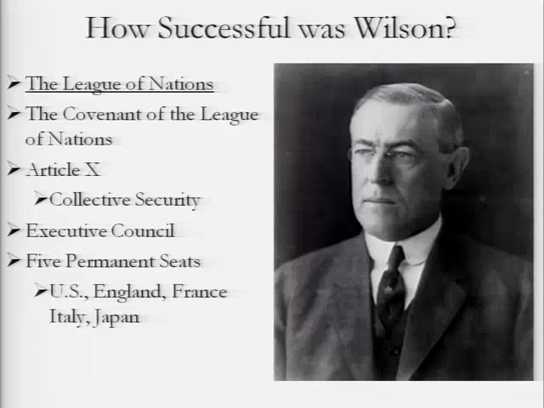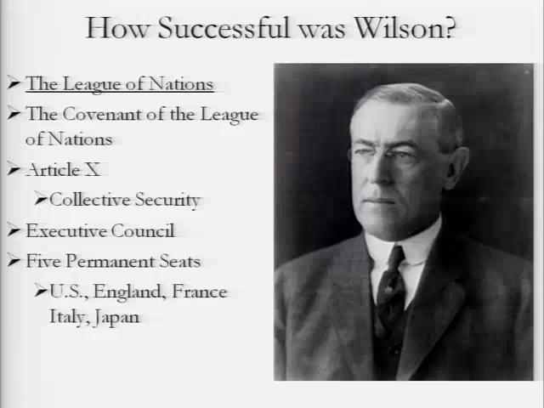And what is the purpose of that 5 to 4? So they can always outvote those other 4, right? So again, this is still weighted in favor of the big 3, but the big 5. All these 5 are on the same side. So if a member of the League is attacked by somebody and the decision has to go before the League of Nations on how to respond to that, it comes out of the Executive Council.